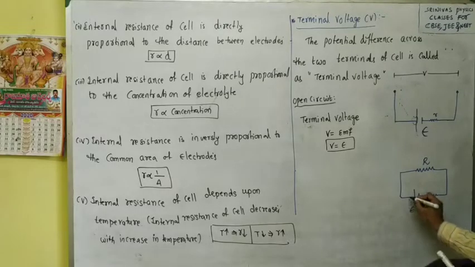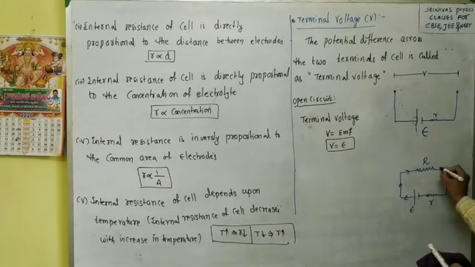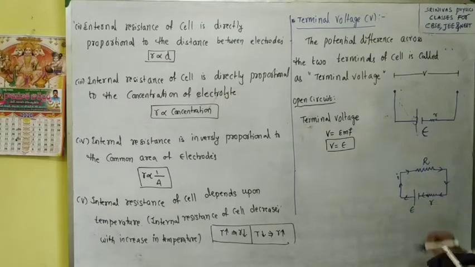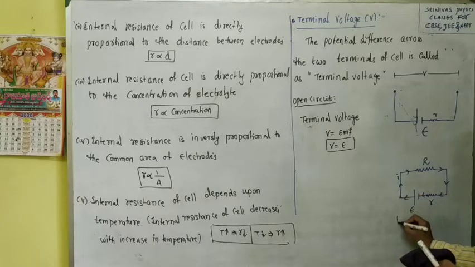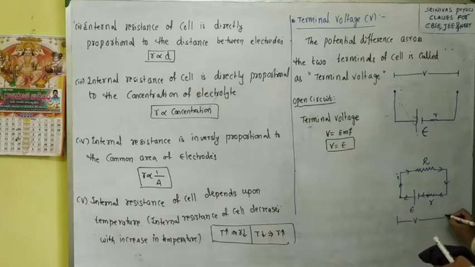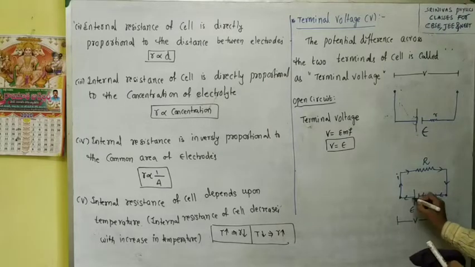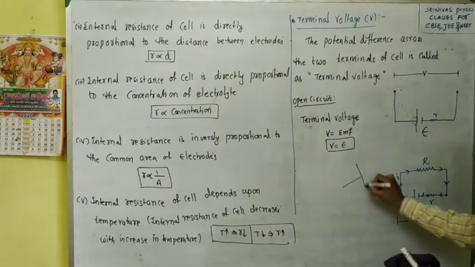And now some current passes here. Now this is the closed circuit. In this case, what is the potential difference across the two terminals of the cell? This is one terminal, this is another terminal. This battery has two terminals.